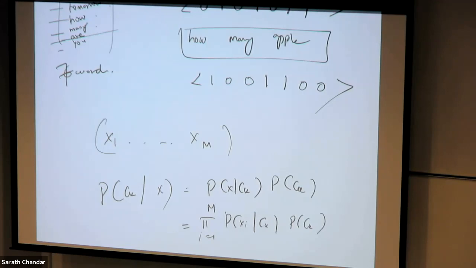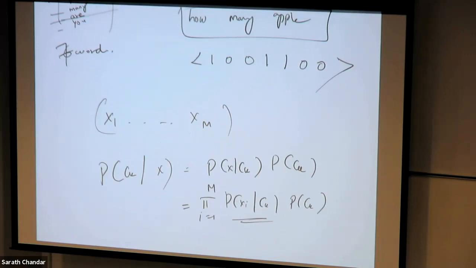We know how to compute p of ck. You just compute the frequency. Similarly, you compute the frequency for all these things, and then you have your answer. Is it right? Now, will there be any issues if I apply naive Bayes for this document classification problem?